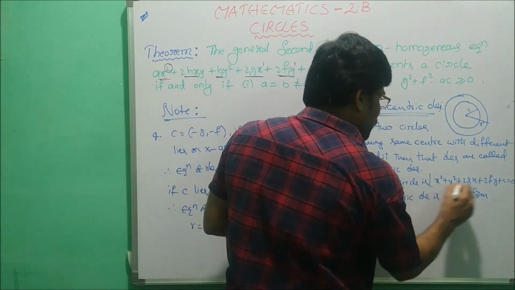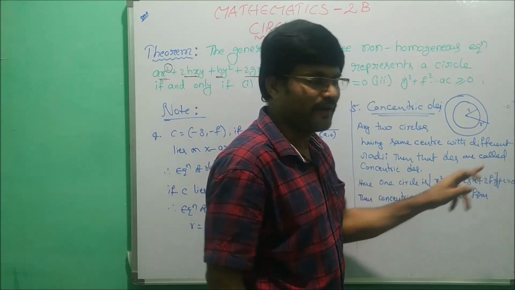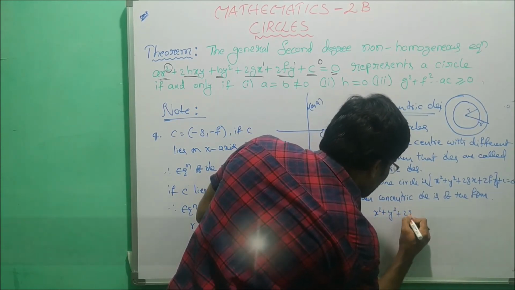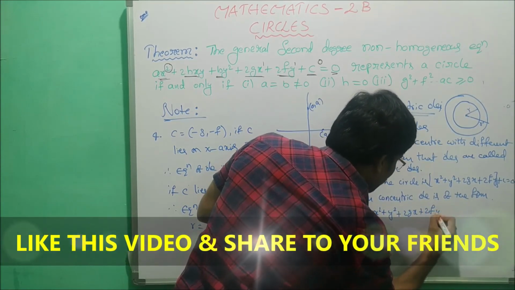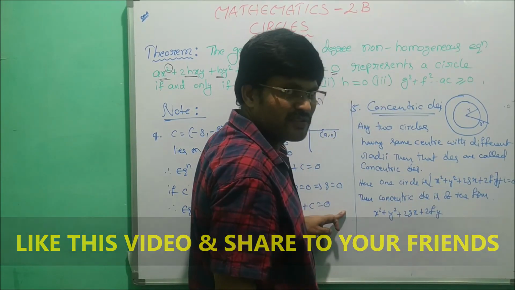So we do not change x square plus y square plus 2gx plus 2fy, because it has the same center, so (-g, -f) is the common center.